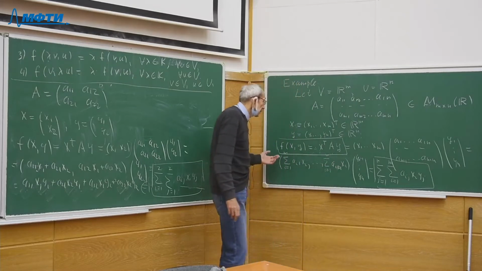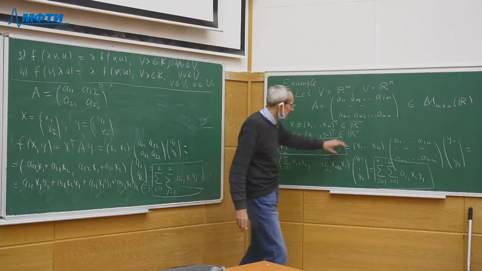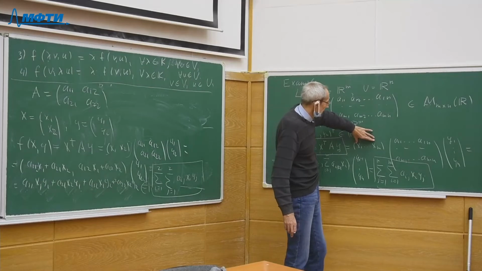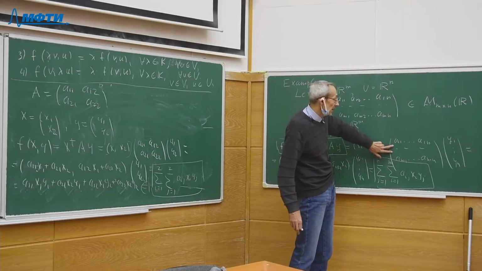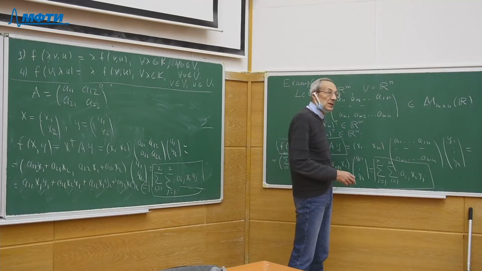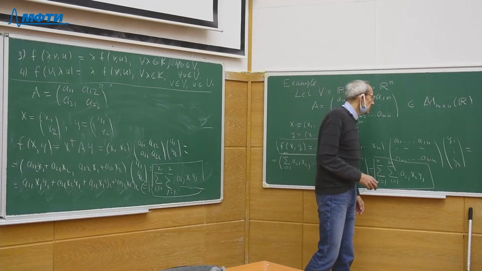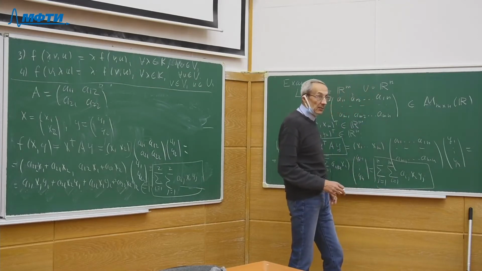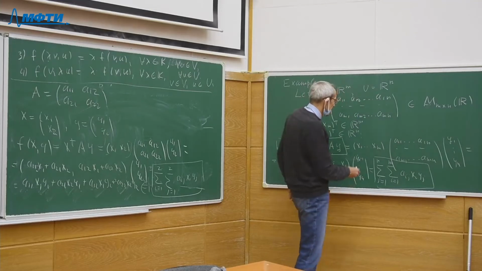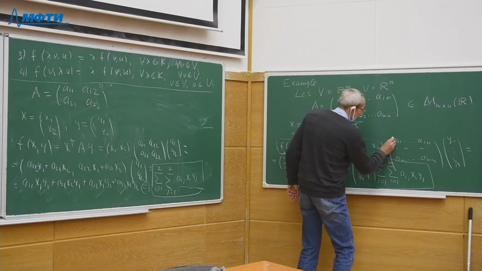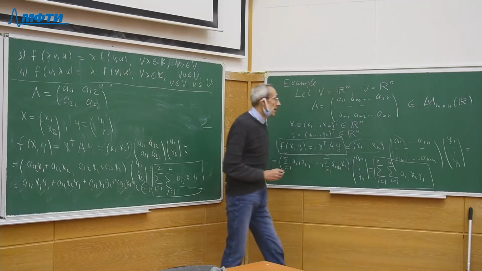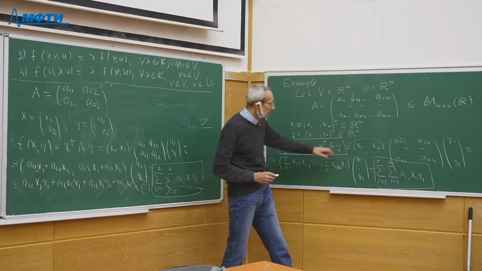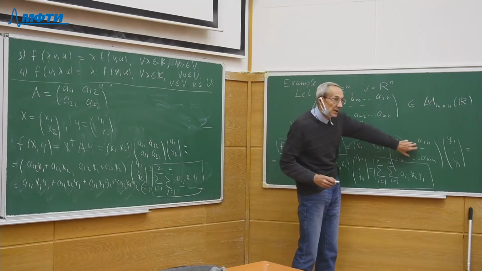And if we multiply this row by this matrix, we obtain a row which has n elements, and any element is the product of this row by this column, this row by the second column, and so on.